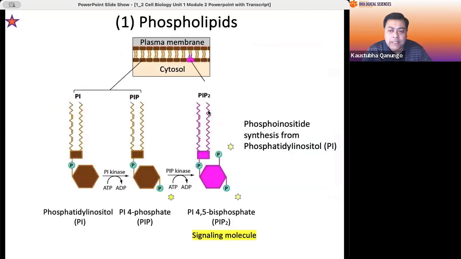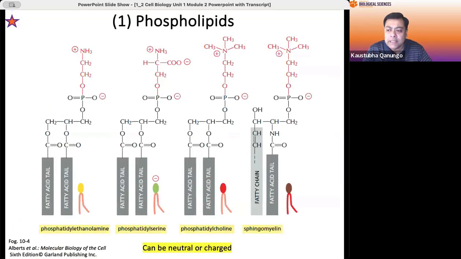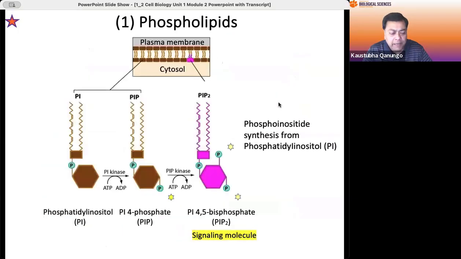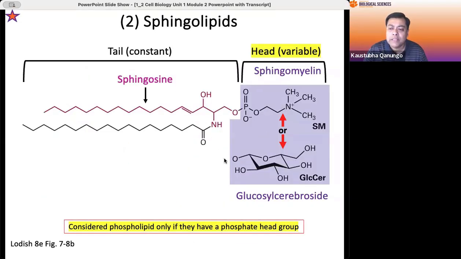So you can see that this is the sphingomyelin, which does have the phosphate. Not all sphingolipids are phospholipids. Remember that. That's the most important part. Not all sphingolipids are phospholipids, but if they contain a phosphate in their head group, they can be considered a phospholipid.